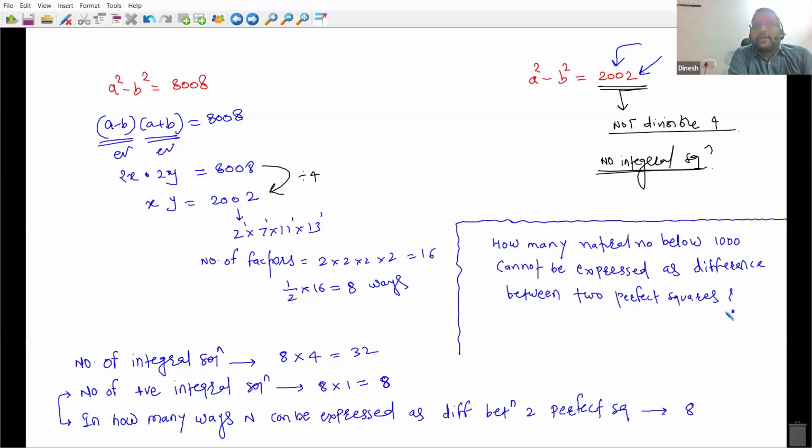Yes, everyone. How many natural numbers below 1000 cannot be expressed as a difference between two perfect squares? Tell me how we can solve this.